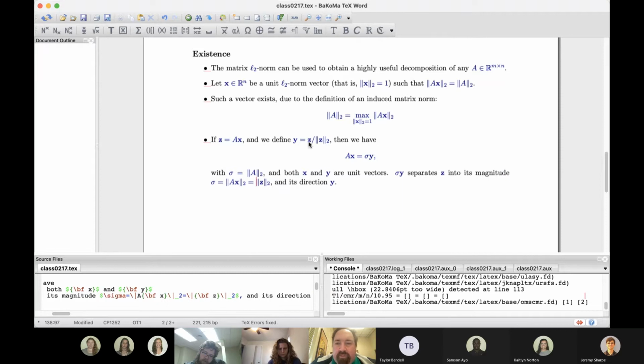So that's where this comes from. All of these things are equal to sigma. So A times x is equal to the norm of A times some vector y. That's a unit vector.